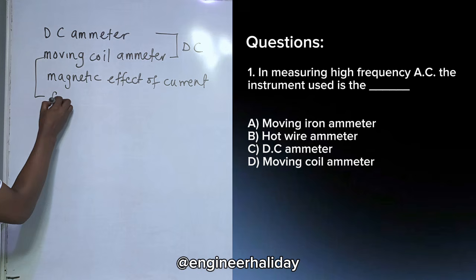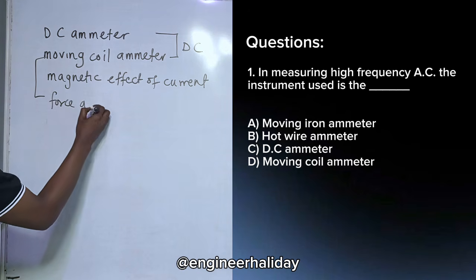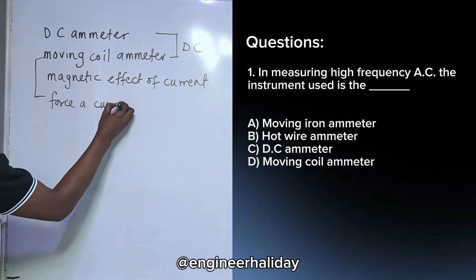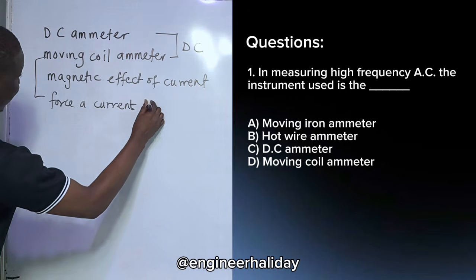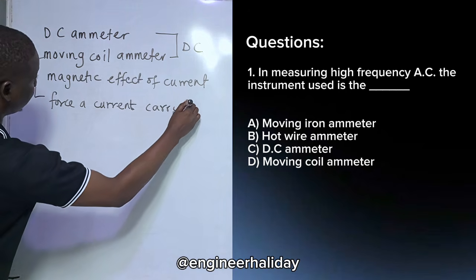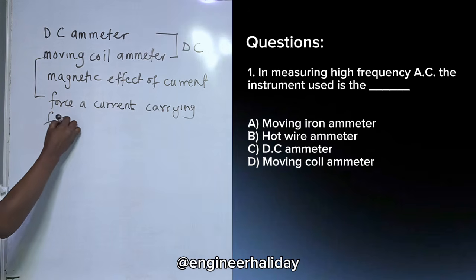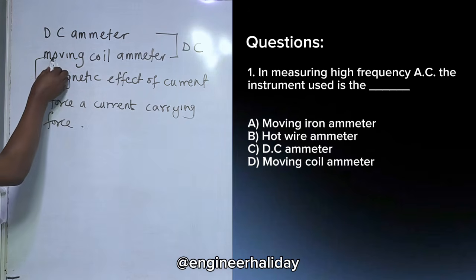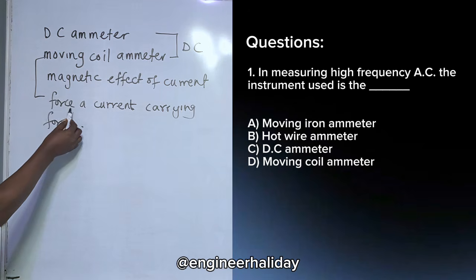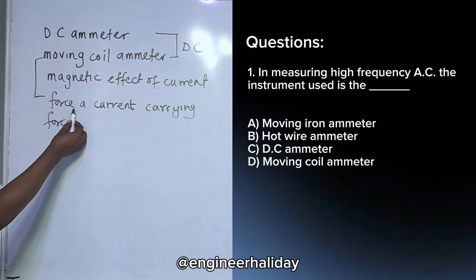Basically, this one uses the force on a current carrying conductor. That is Fleming's left hand rule. So this one is the moving coil ammeter. It basically uses the principle of force on a current carrying conductor.